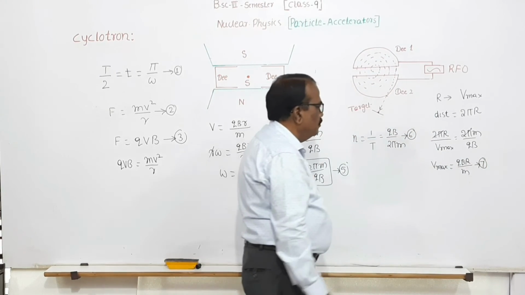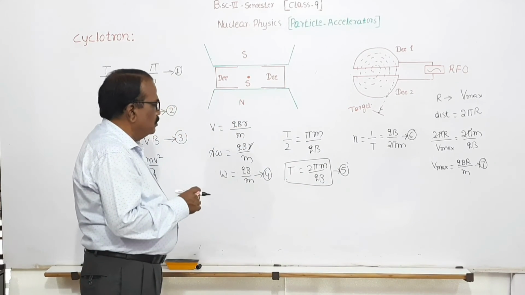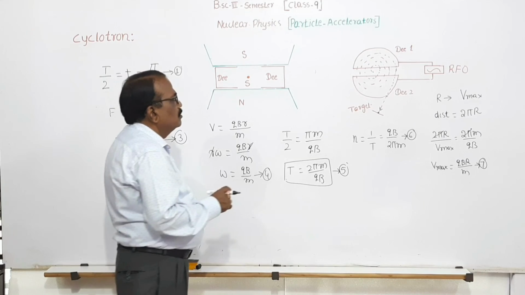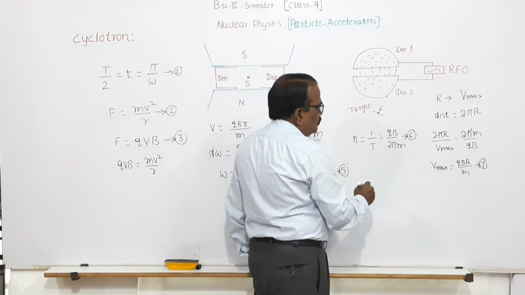It is the maximum velocity. Then lastly, what is its kinetic energy when it comes out and hits the target?